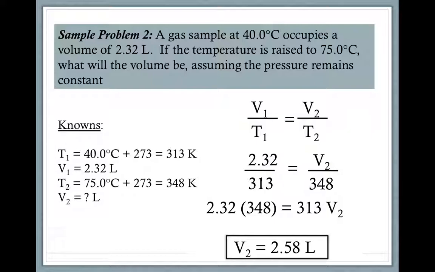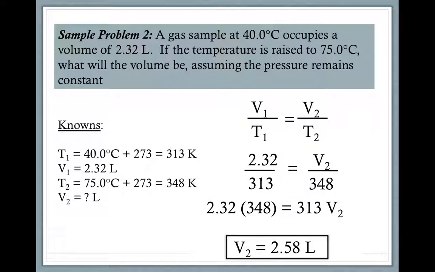Sample problem number 2: a gas sample at 40 degrees occupies a volume of 2.32 liters. If the temperature is changed to 75 degrees, what will the new volume be, assuming the pressure remains constant? Notice I have my T1 given in the problem, my V1, and then my T2, the change, and I'm looking for the V2. For the temperature, that whole rule of it's okay as long as they're the same doesn't apply.